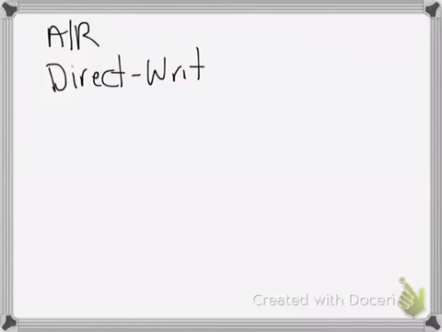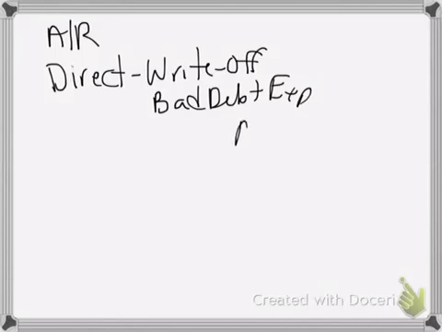So just to recap what we've looked at here, for accounts receivable, we have looked at the direct write-off method. Remember, the direct write-off method is not in conformity with GAAP. We directly write it off with bad debt expense and then to accounts receivable. It's just one step. That's it.